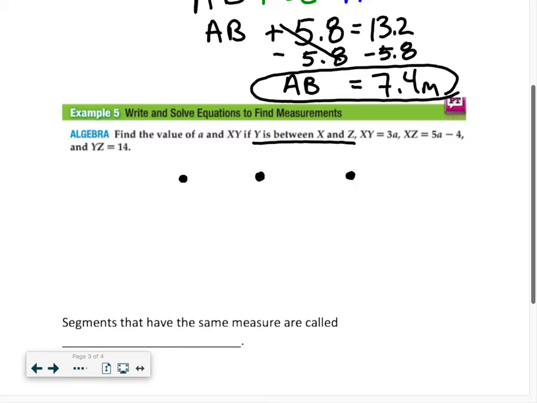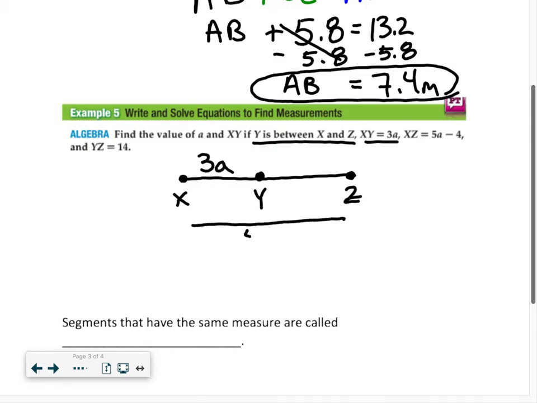So all three are collinear, and Y falls between X and Z. It tells us XY is 3a, so we'll label XY as 3a, then the entire segment XZ is 5a minus 4, and YZ is 14.